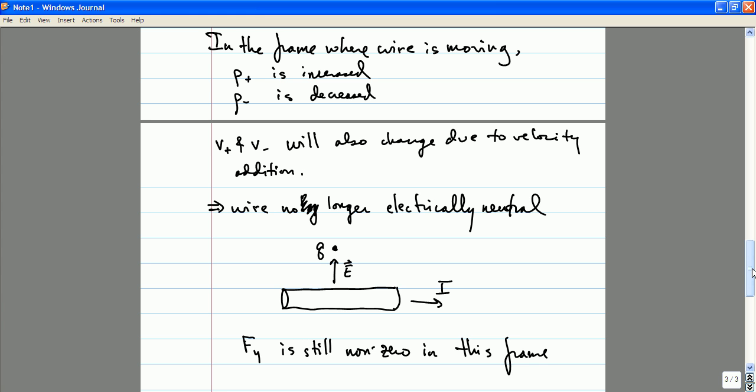You know that something like this has to be true, because otherwise there would be no way to get the same result independent of which frame you use to describe the physics. In this case, the number of protons won't change, but the length will change.